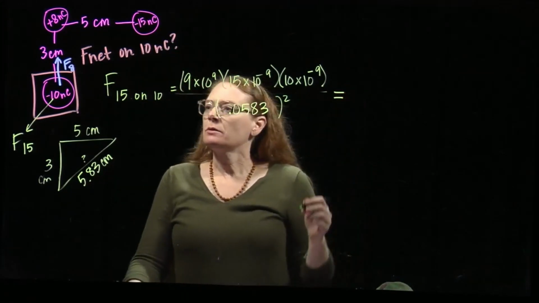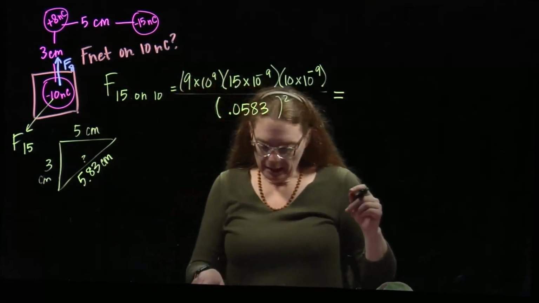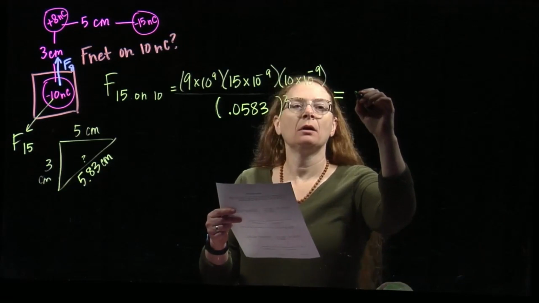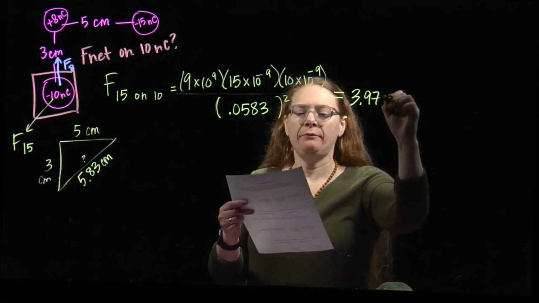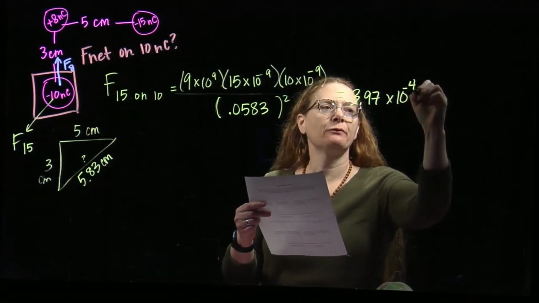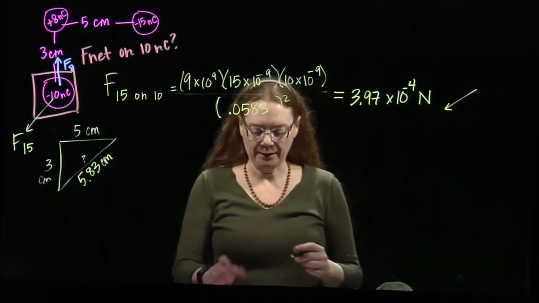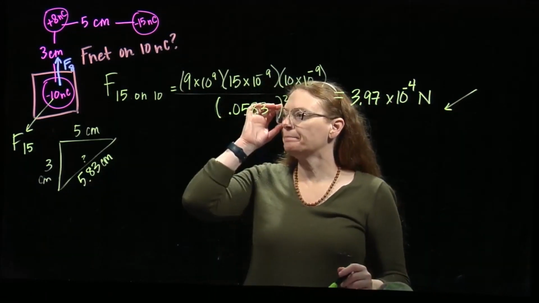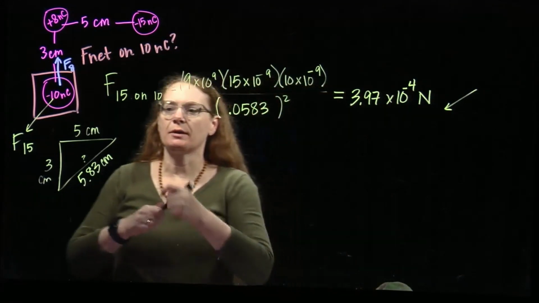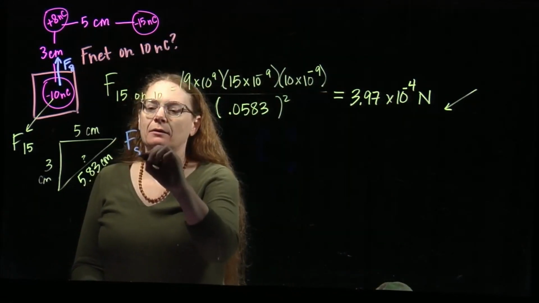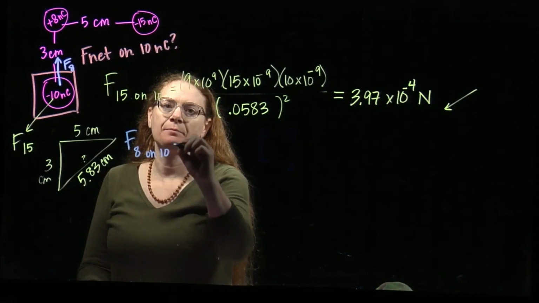All right, so the force of the 15 on the 10, if you do that, you should get 3.97 times 10 to the minus 4 newtons, acting down at some angle, like that. Then let's figure out what the force of the 8 on the 10 is.